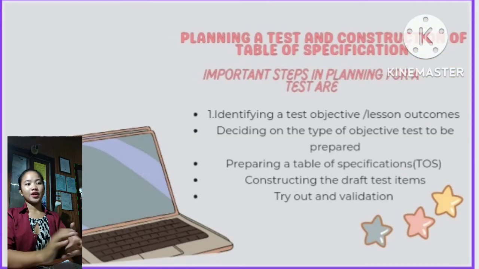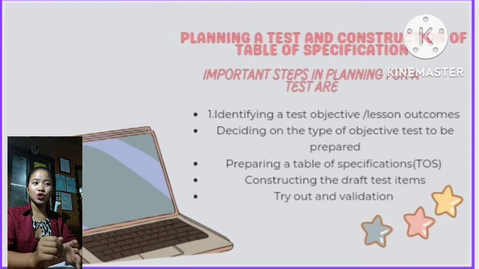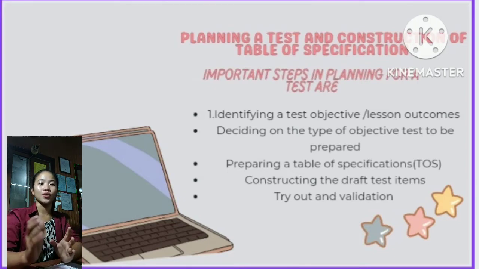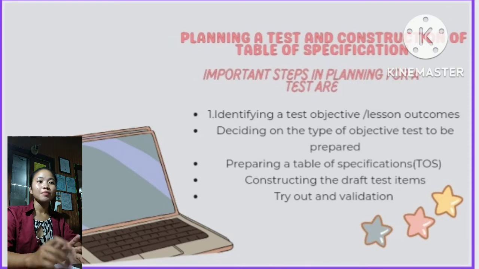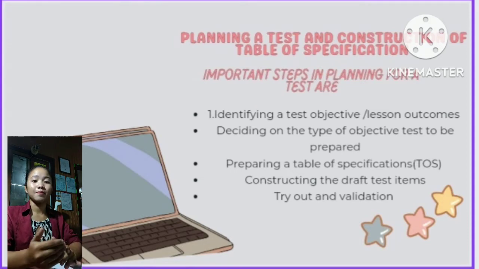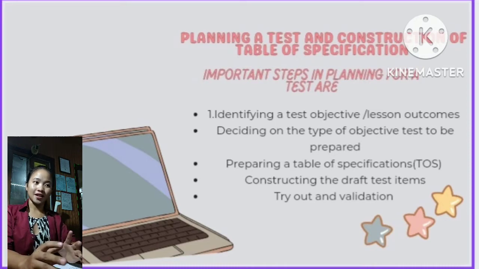So next, we have planning a test and construction of table of specifications. We have some important steps in planning for a test. First, identifying a test objective or lesson outcomes. Kailangan nating ma-identify ang objective or outcome ng isang pag-aaral or isang test na gagawin.